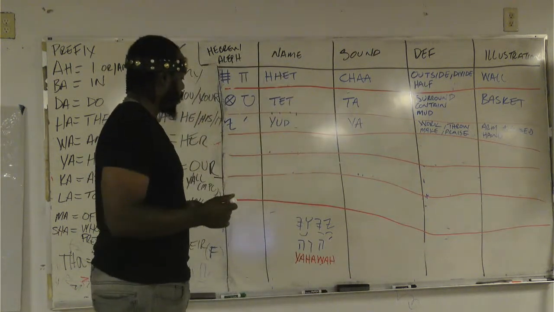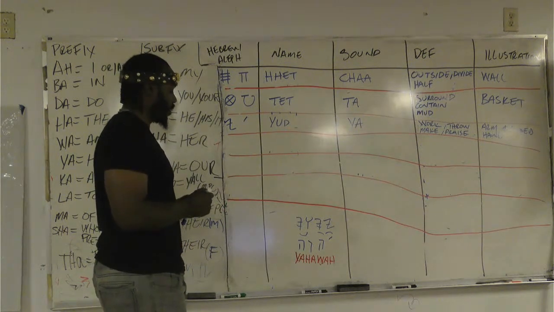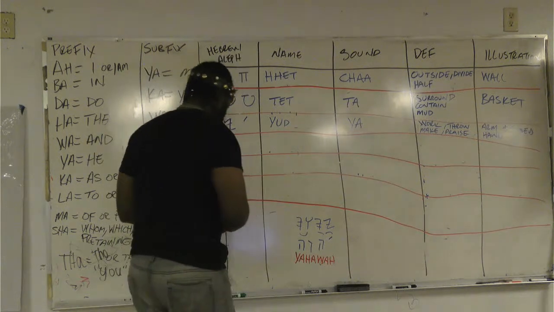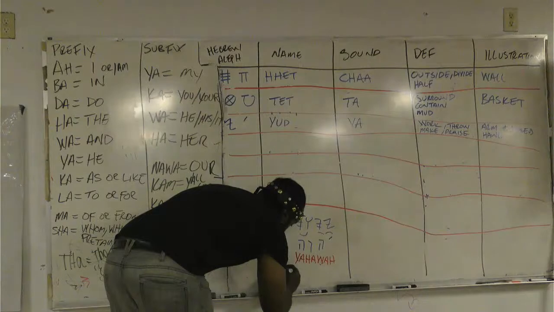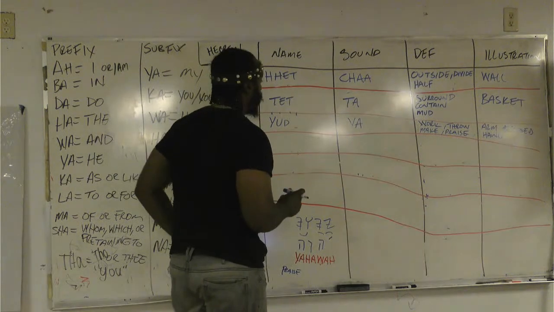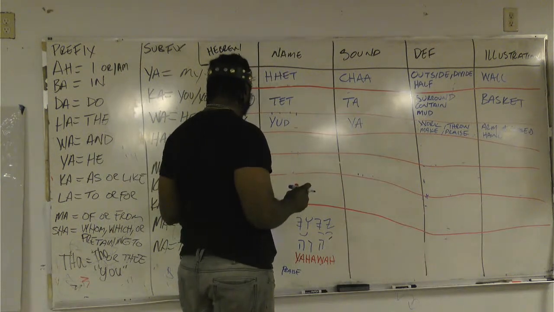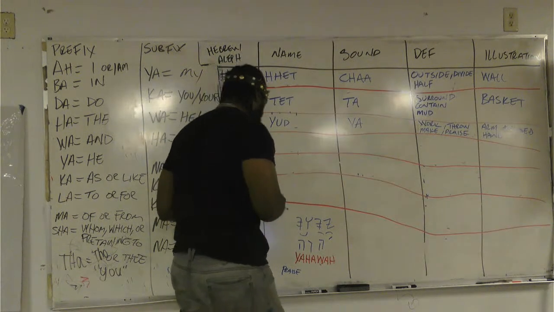If we break it down one letter at a time, we have Yah, which is praise. Ha is to reveal.